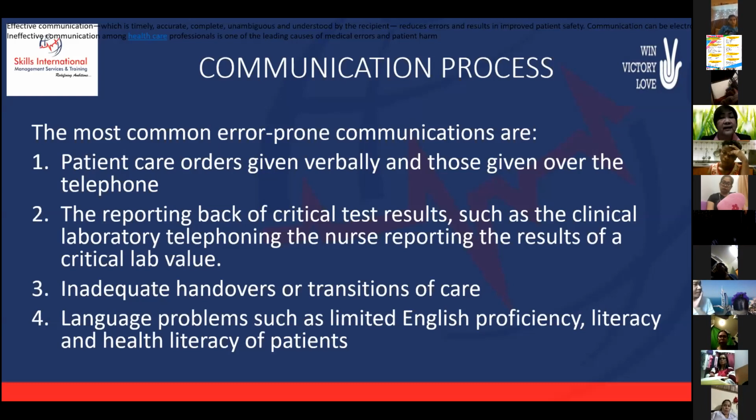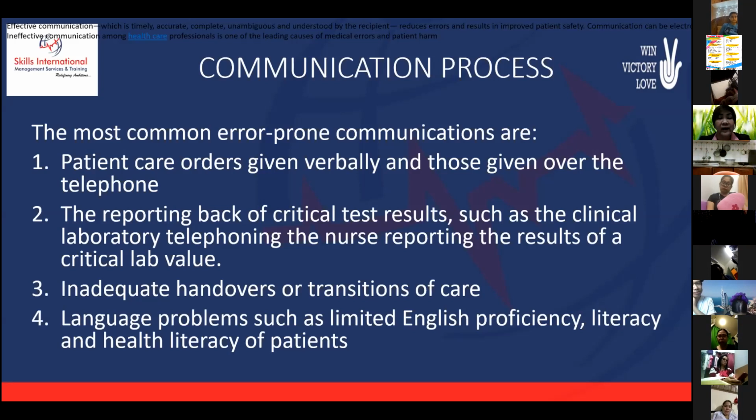You should not give any unclear instruction to your patients. You have to give a clear instruction. The patient is going home, so he or she will need a proper instruction from you. So when she comes back to the hospital, she will know what she can do, what she will do.